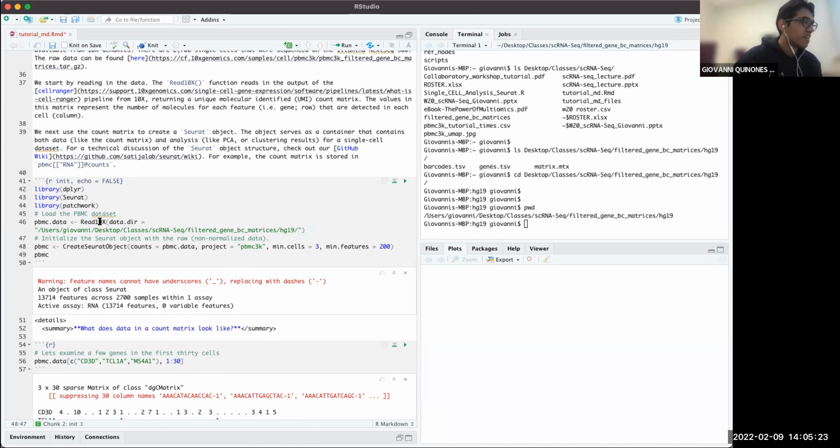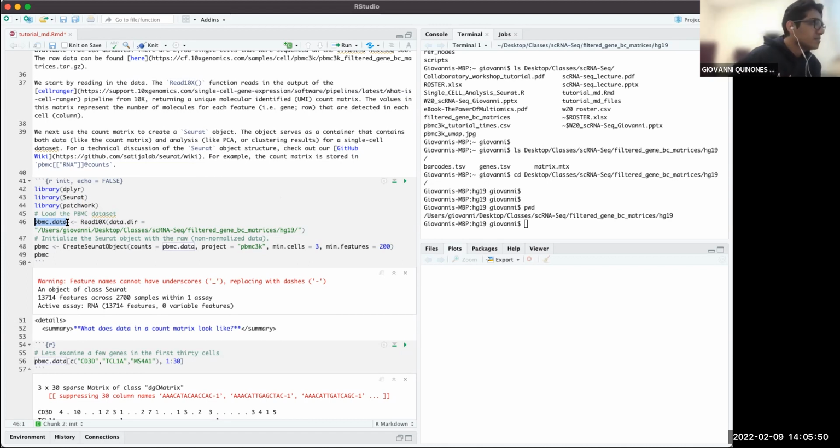Just a little bit of explanation of this part of the code. So you're reading the directory where you have the 3 files that you downloaded. And this function is already expecting the 3 files and the format, and it's saving all of that information into this object, which is called pbmc.data.